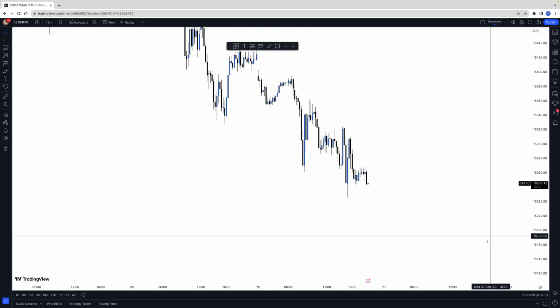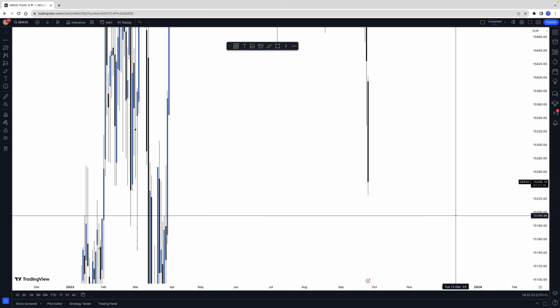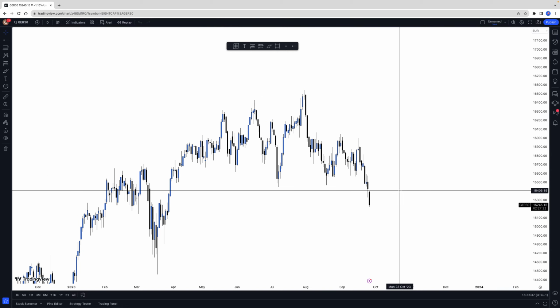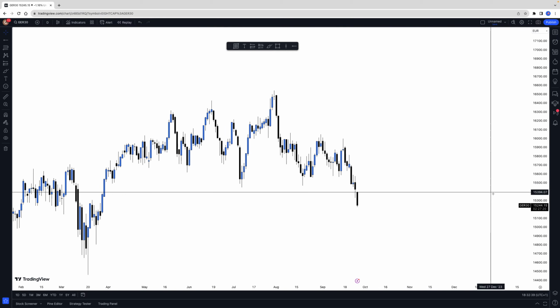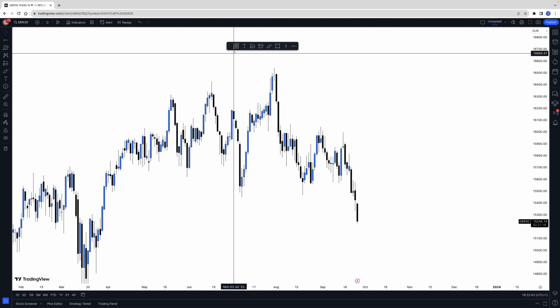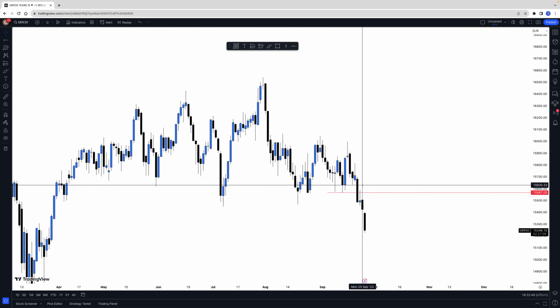So let's say I go onto the daily. Cool. Remember what we said for a low: black candle up, blue candle down. So this is your low right here. But what happens?